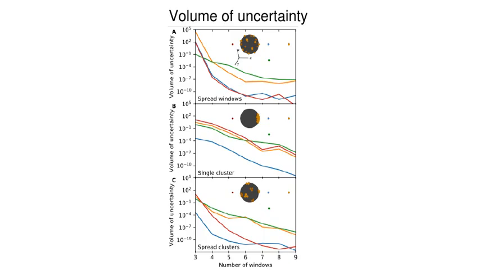So now another possibility is to look at how, when you increase the number of windows here from 3 to 9, this volume of uncertainty is decreasing. So this is still an open question in terms of the analytical formula.